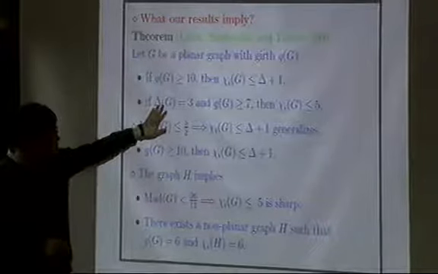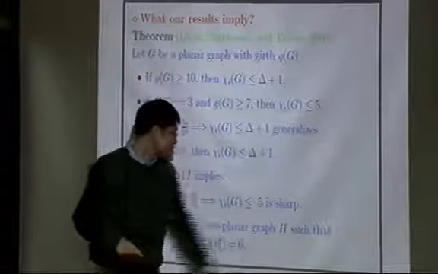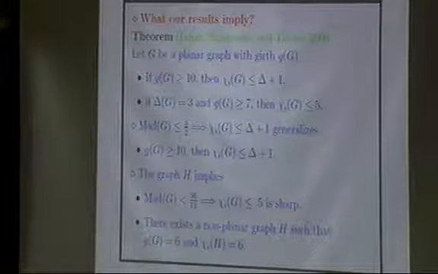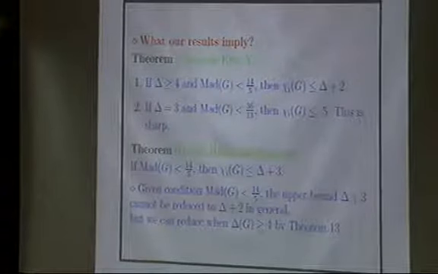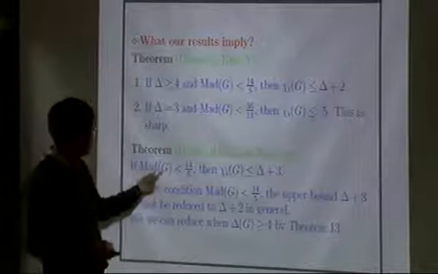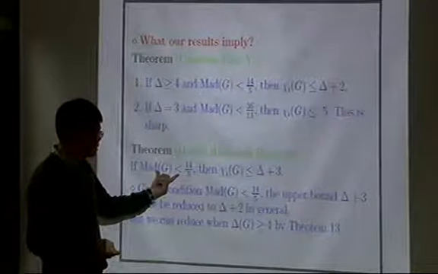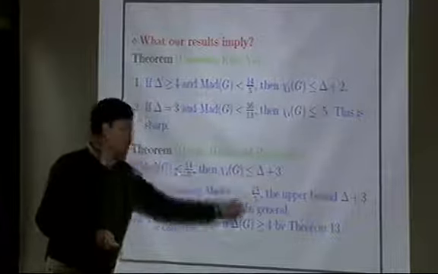And in the second case, we show that, okay, for the upper bound to be 5, we have a tight condition for maximum average degree. And another interpretation of our result is, in the previous paper, these three people show that, okay, if the maximum average degree condition is like this, then the upper bound of injective chromatic number is delta plus 3.